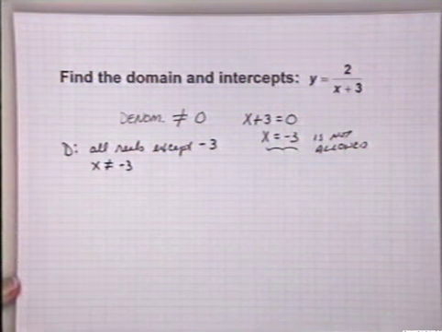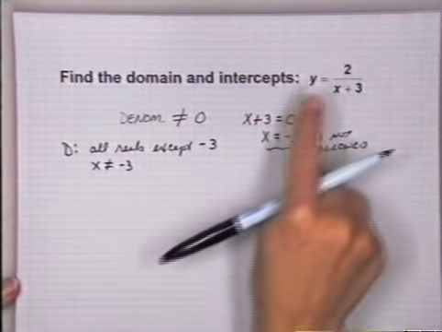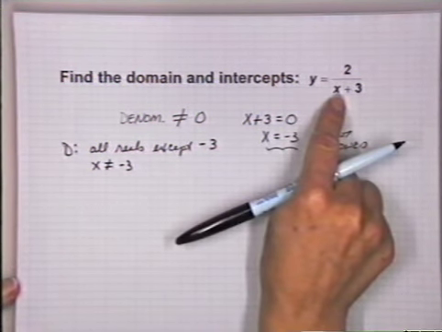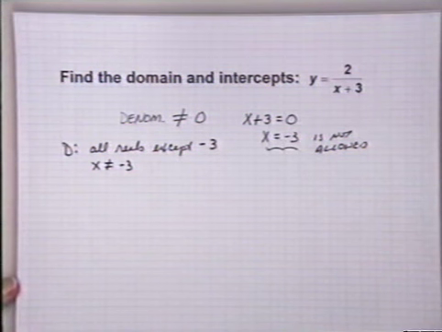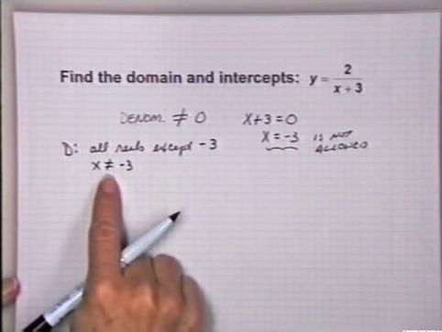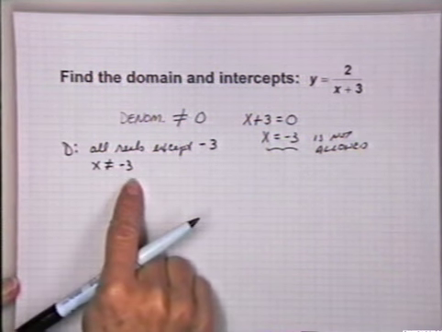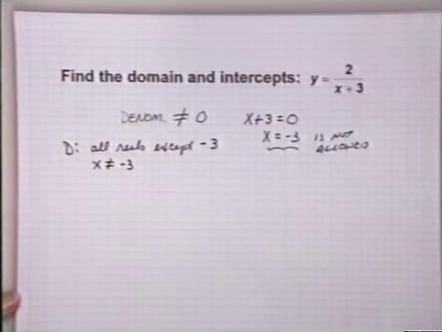We're not going to get into that at this particular moment. The important thing for us to recognize is that we cannot use negative 3 in this equation. Now, in terms of a graph, the reason that's important for me is if x cannot equal negative 3, then I will not have a point graphed for x equals negative 3. There will be no graph at x equals negative 3.